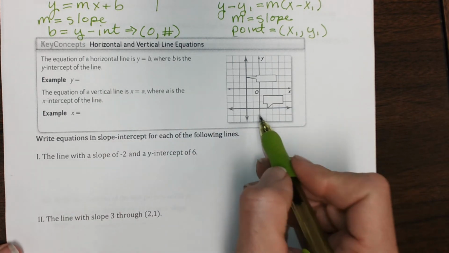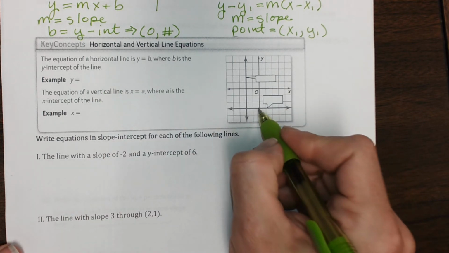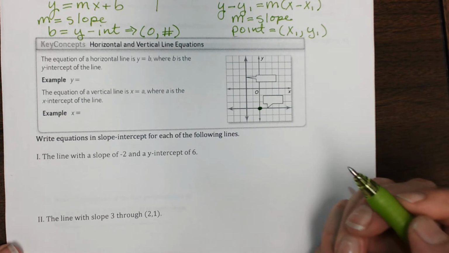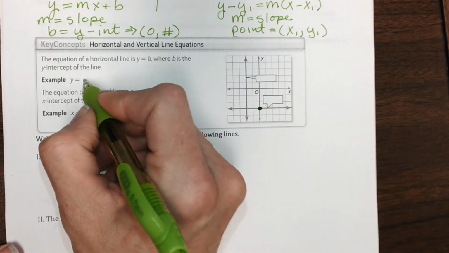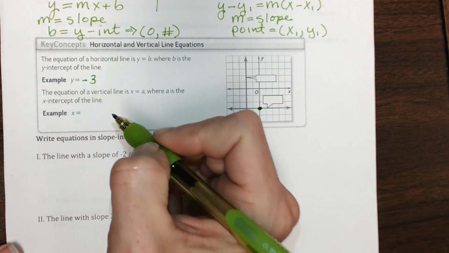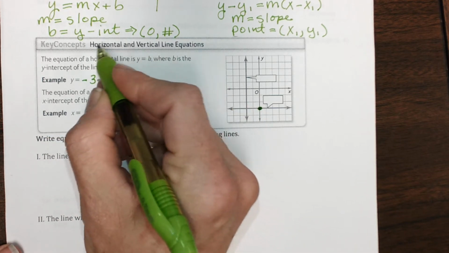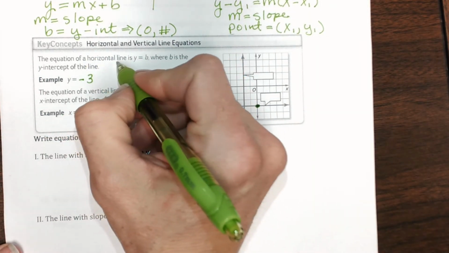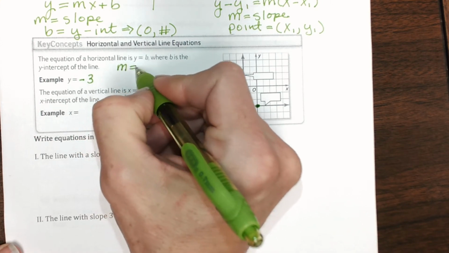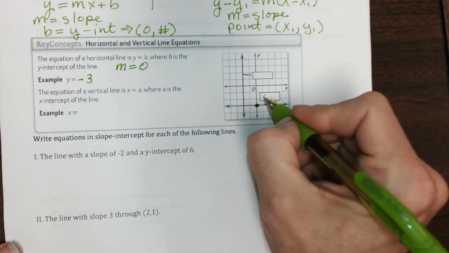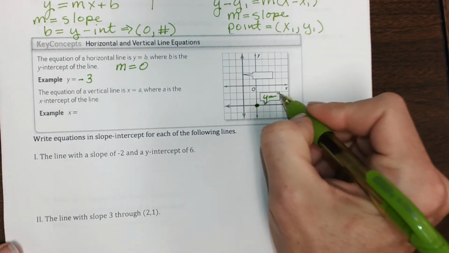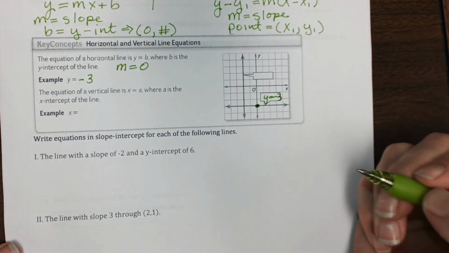When we look over here at this horizontal line, we see the y-intercept there is -3. So our line would have the equation y is equal to -3. I want you to make a mental note that horizontal lines are lines that have a slope of 0. So over here we have the line y is equal to -3. Sorry, it's hard to see that.